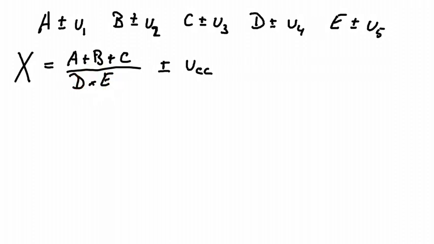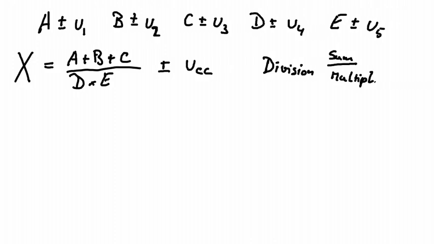So we can treat this as really a division of a sum divided by a multiplication. And if we break it down like that, then it becomes far less daunting. So how do we calculate the uncertainties for the numerator?